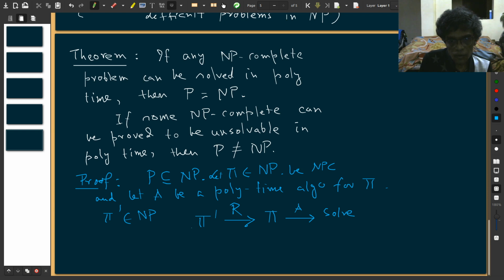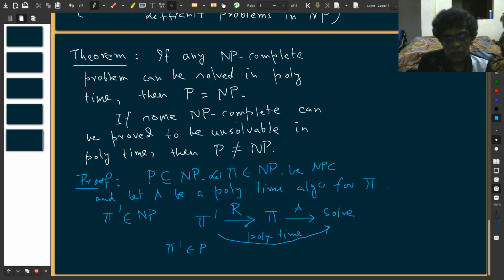So R followed by A is the recipe for a polytime algorithm for solving pi prime. So pi prime is in P. Therefore, since pi prime was arbitrarily chosen, NP is a subset of P. P is anyway a subset of NP, so they are equal.